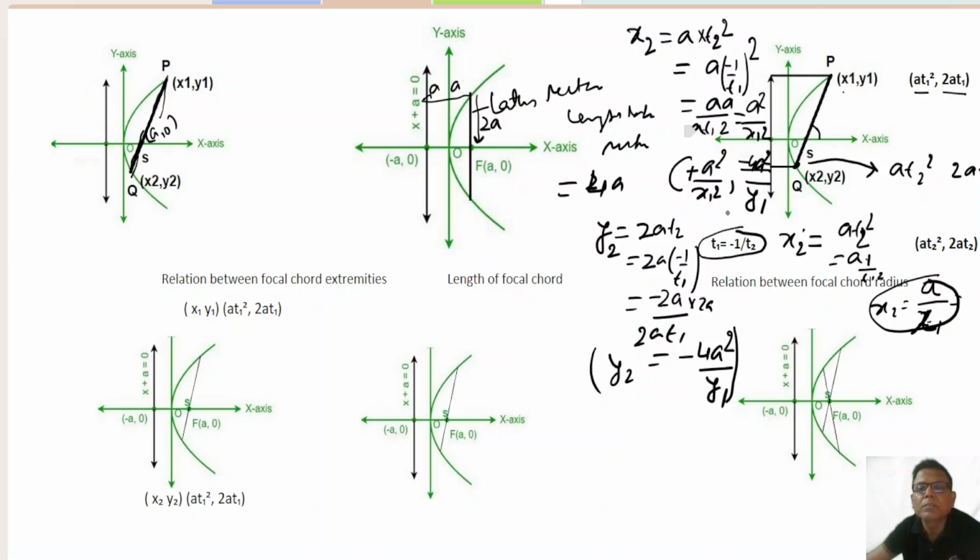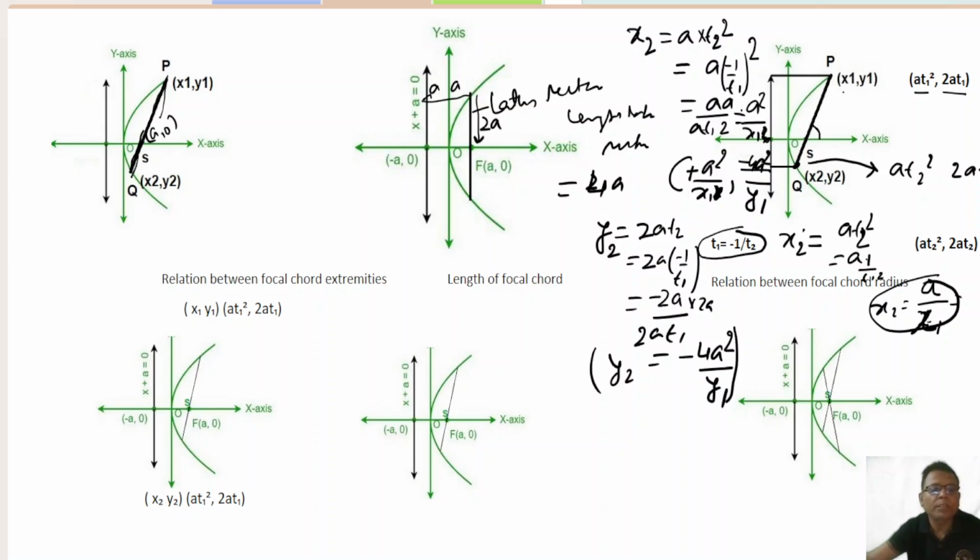Sorry, this is not x1, this is x. So here it is a square by x1 and minus 4a square by y1.